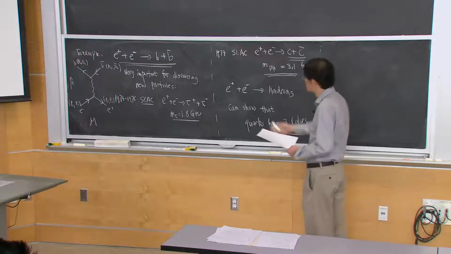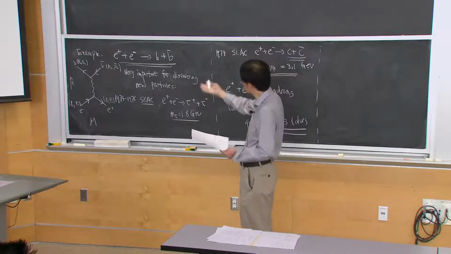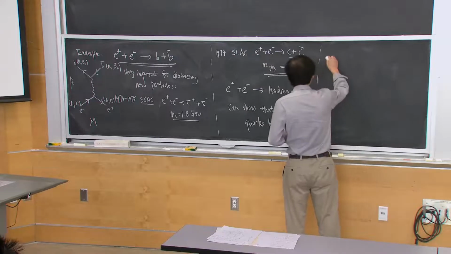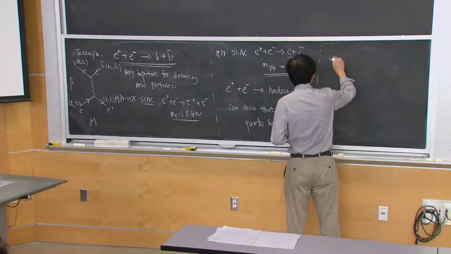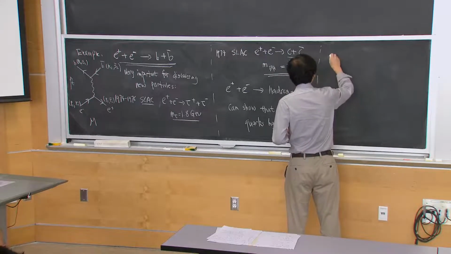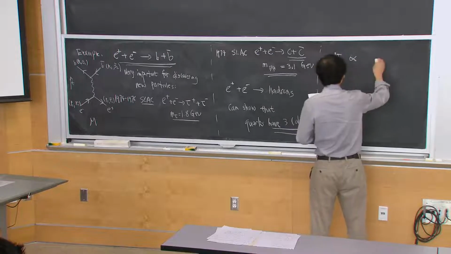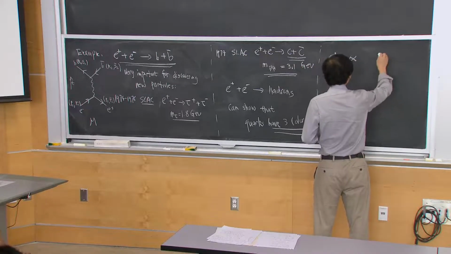Now suppose we consider the unpolarized process. As we discussed last time, the cross section, dsigma/domega, should be proportional to the spin sum.